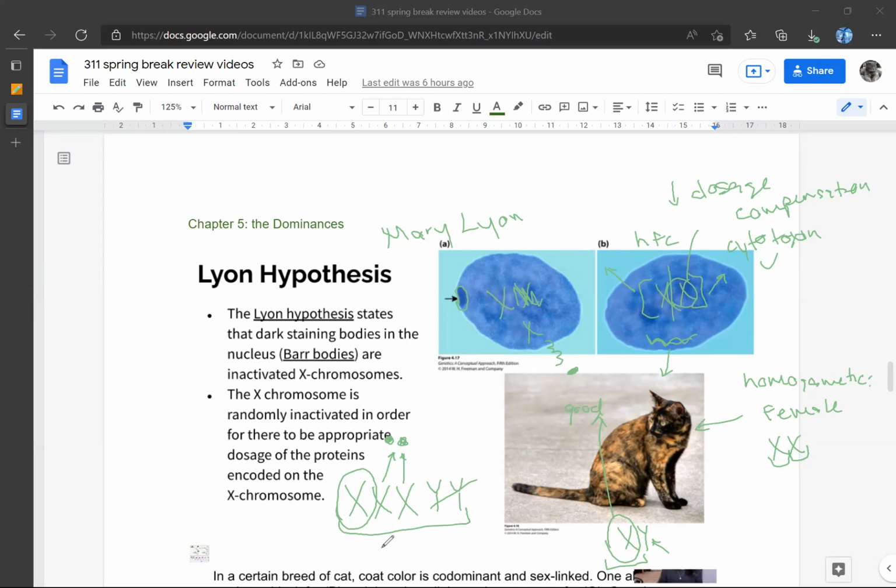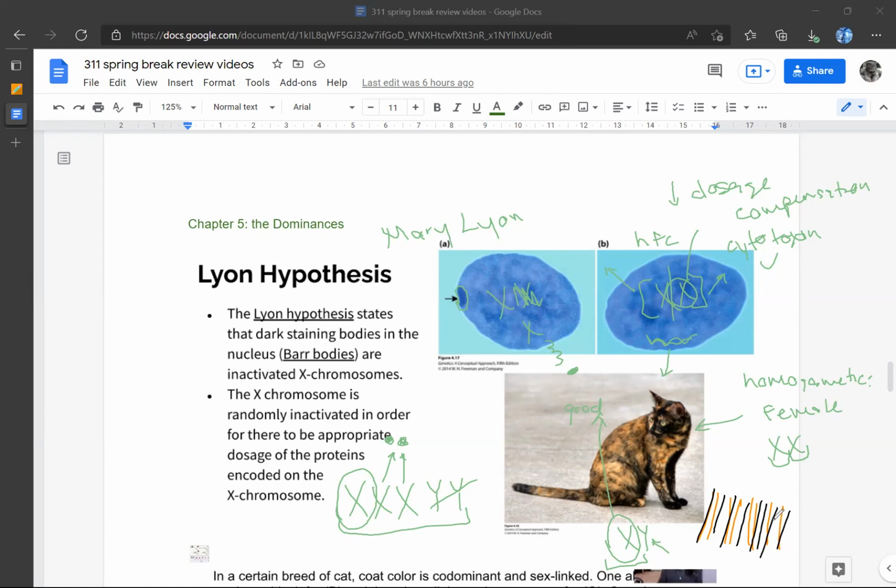So really, if we only need one X chromosome, then dosage compensation isn't beneficial in every scenario, right? Well, we can look at this cat and see that there's some benefit to dosage compensation. The reason this cat is partially orange, partially black is that different individual cells inject different kinds of pigment into the hair follicles.